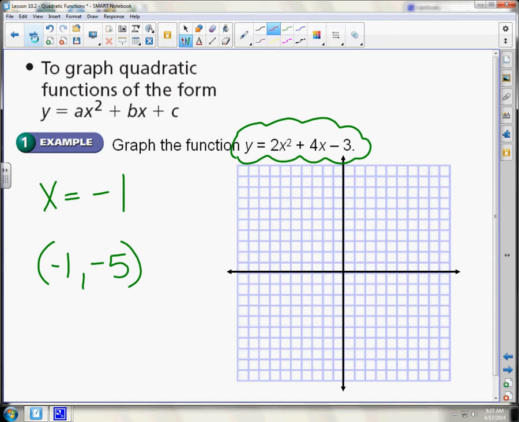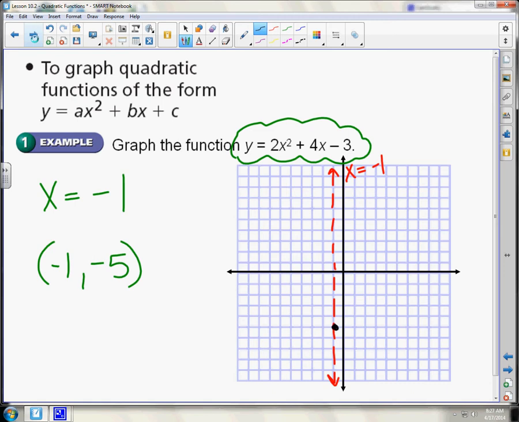X equals negative 1. Here is my axis of symmetry. And you'll notice that a lot of times they do it as a dotted line, just so that it doesn't look like a linear equation. It's just an axis of symmetry. X equals negative 1. And my vertex is negative 1, negative 5. Negative 1, go over 1, down 5.